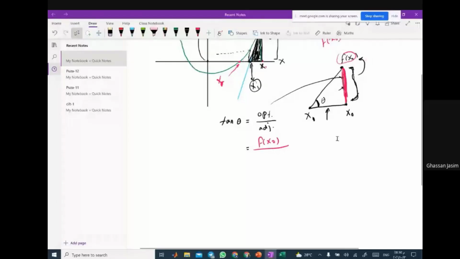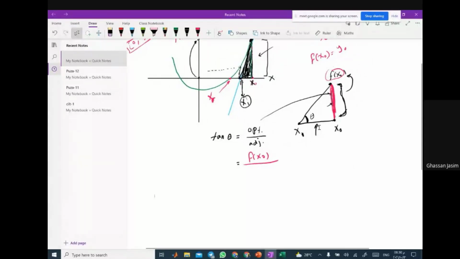Now, who can tell me the adjacent line? This length, from here to here, equals what? x naught minus x1.